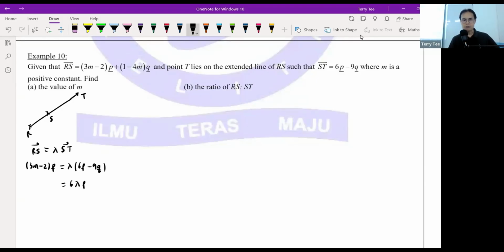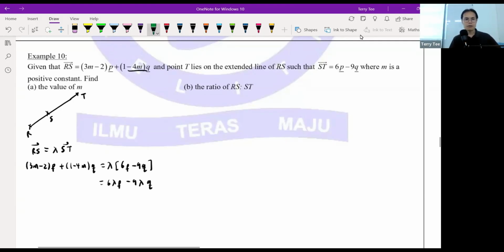Did I miss something? Oh, guys, I must be blind. Sorry, I didn't see this. There is another 1 minus 4M Q, sorry. Your ST is 6P minus 9Q. Let us multiply inside: 6 lambda P minus 9 lambda Q.